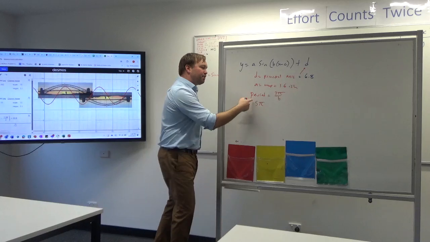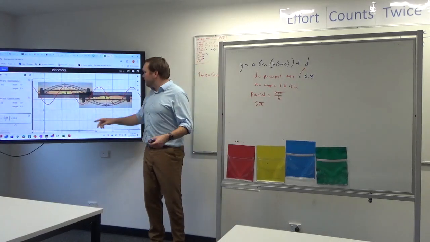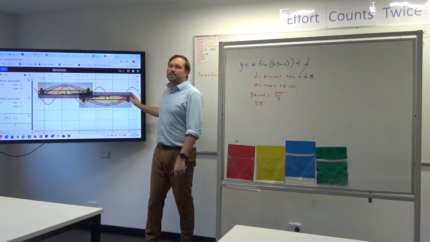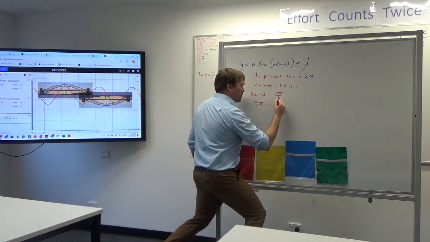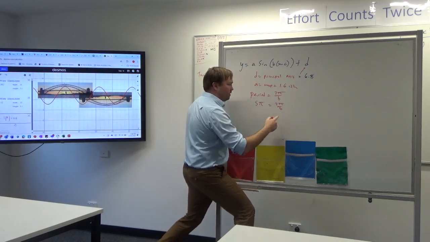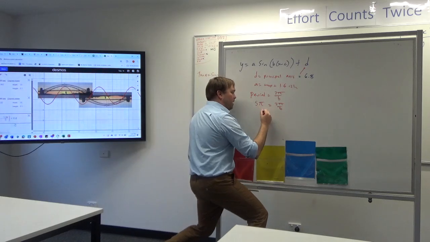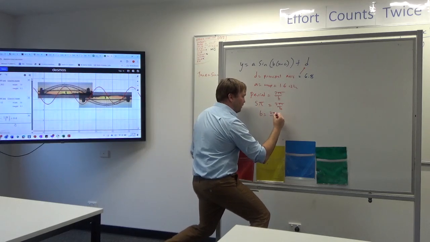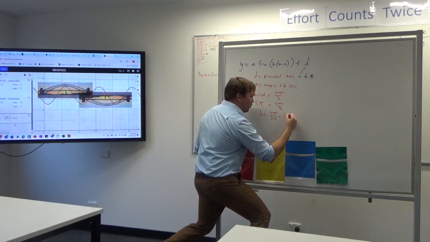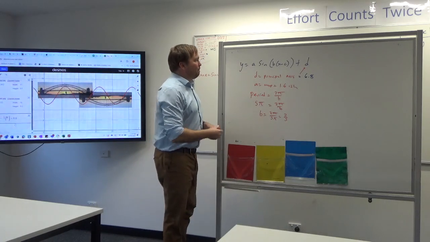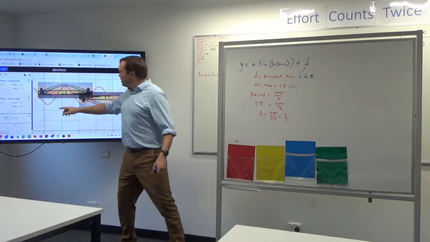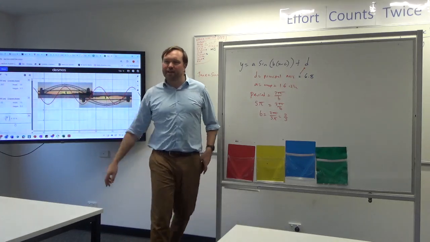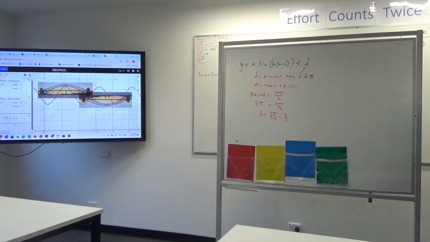It doesn't have to be a fraction of pi. You might look at your bridge and think it repeats once in 30 units. You set your period to 30. This equals 2 pi on b. If I multiply by b and divide by 5 pi, b is 2 pi on 5 pi, which is 2 on 5. If I put b in there as 2/5, it should stretch out so that it repeats once over that 5 pi. So let me try that.